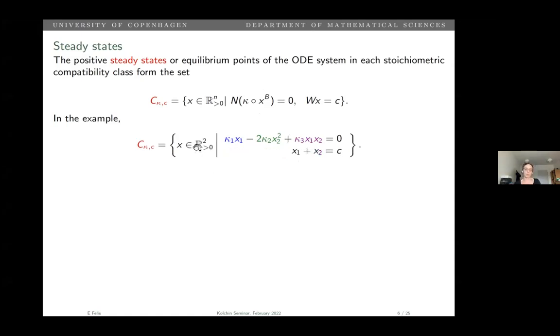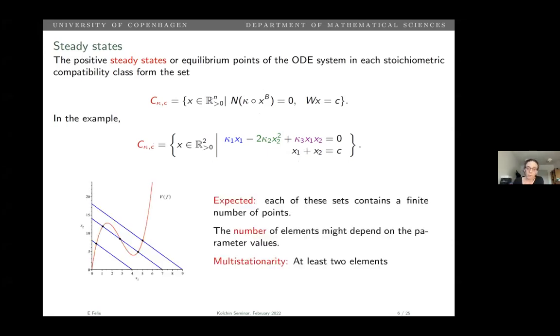You will always find that you can express this set as a square system, meaning that it has as many equations as variables. And then we would expect that each of these sets contains a finite number of points. It doesn't need to be like that, but for most, essentially that's what happens.